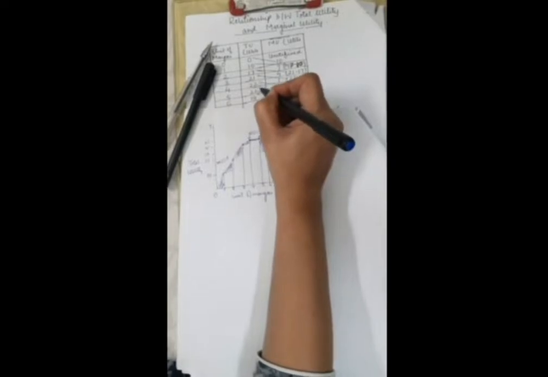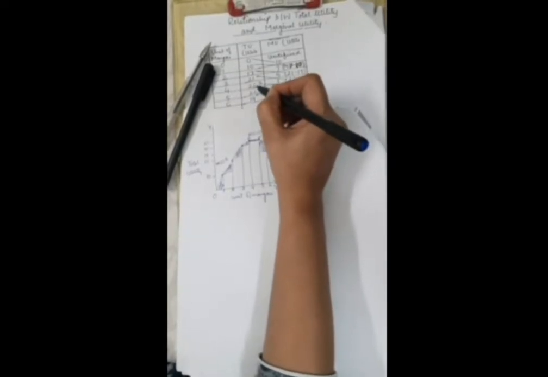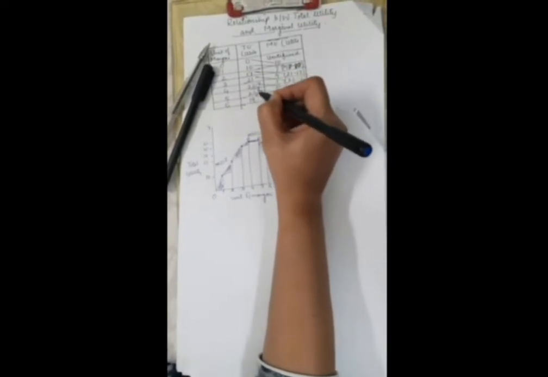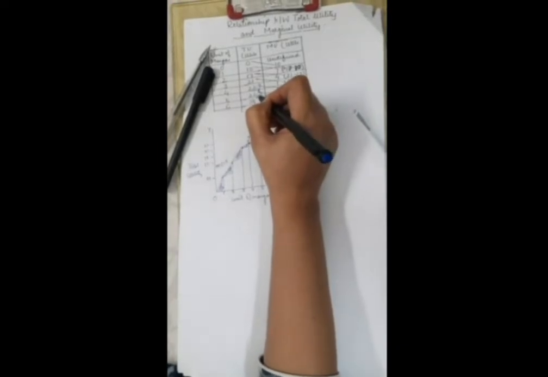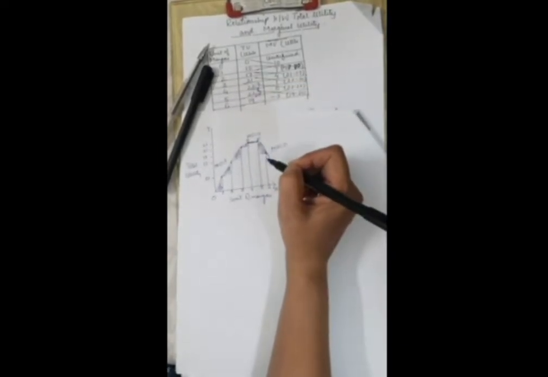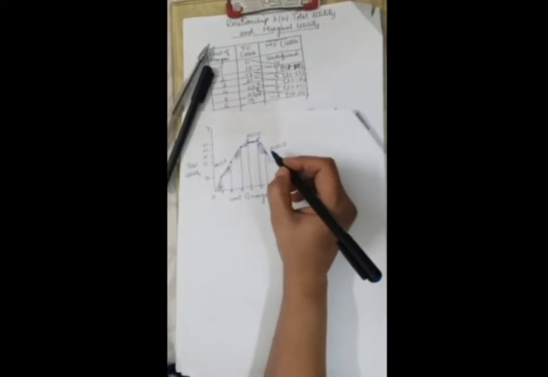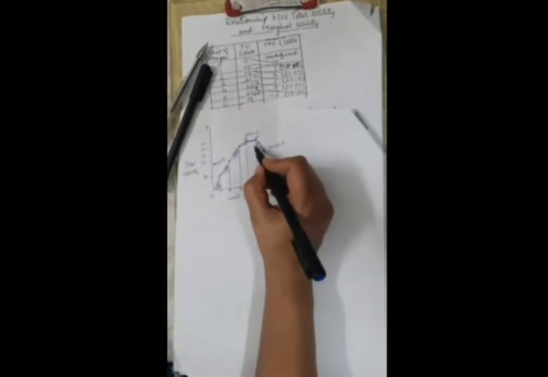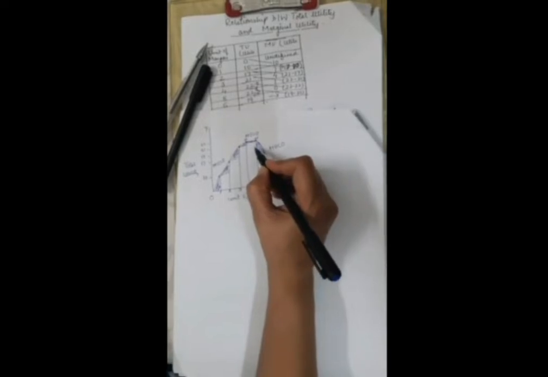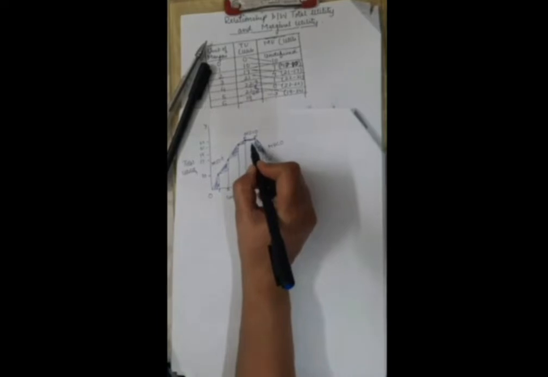Between the 4th unit and 5th unit you can see total utility is repeated, 22 and 22, right? Between point M and point N, both points M and N show maximum total utility, right? That is, the slope of the TU curve is constant over here between point M and N.